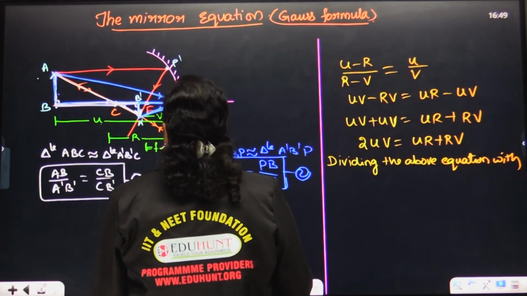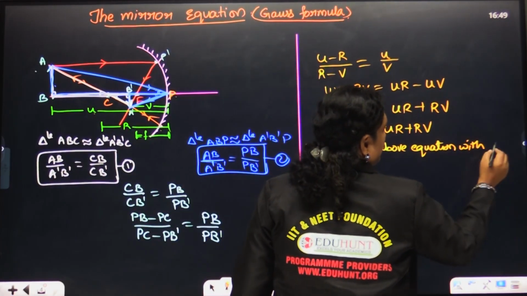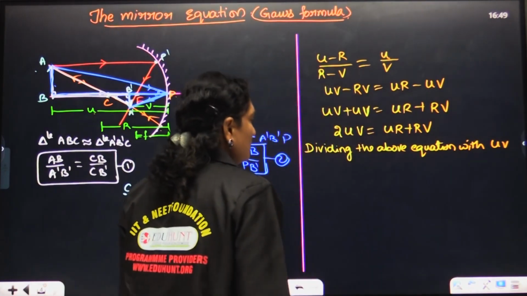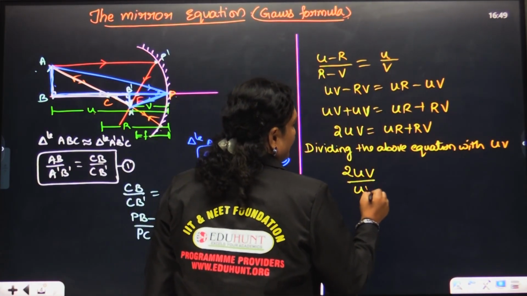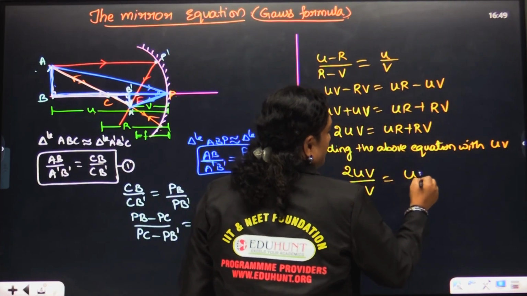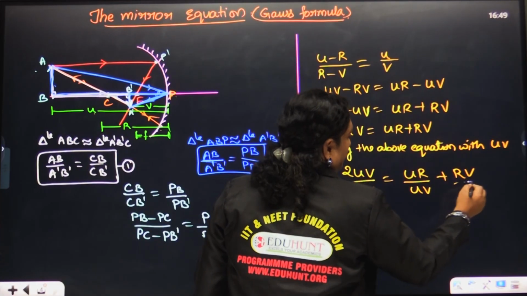Let us completely divide the above equation with UV. Dividing the whole equation with UV, we have 2UV upon UV is equal to UR by UV plus RV by UV.